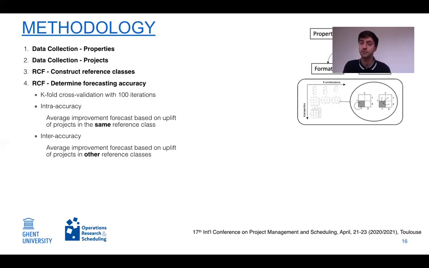Since we only had the 52 projects from the interviews, we decided to split them into training sets and test sets, such that the algorithm for some projects knows the forecasting error, and those were the so-called historical projects, while for other projects the forecasting error was unknown. They were then considered the new projects for which we had to make a good forecast. This is a technique called k-fold cross-validation, which we did with 100 iterations to obtain reliable and robust solutions.